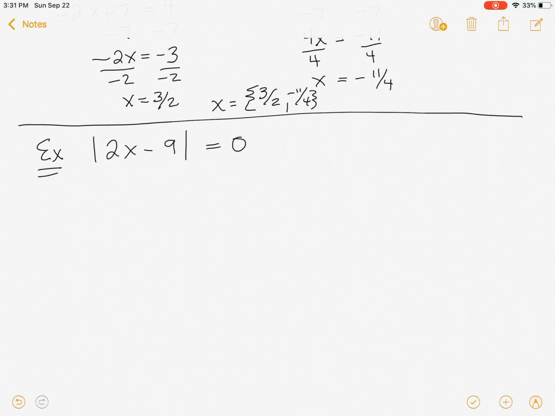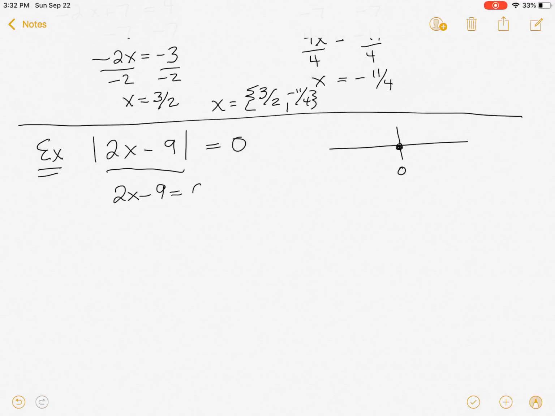What that's saying is, tell me a number whose distance from 0 is 0 units. If we look at the number line, there's only one number whose distance from 0 is 0 units, and that is the number 0. So instead of setting up 2 equations here, I only need to set up 1.